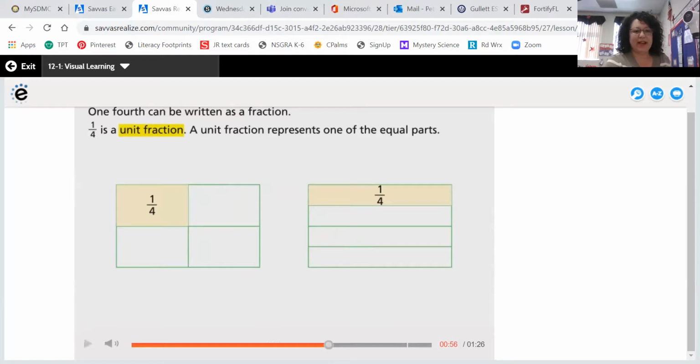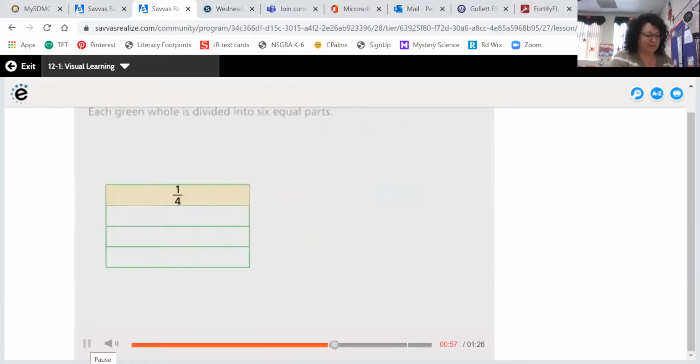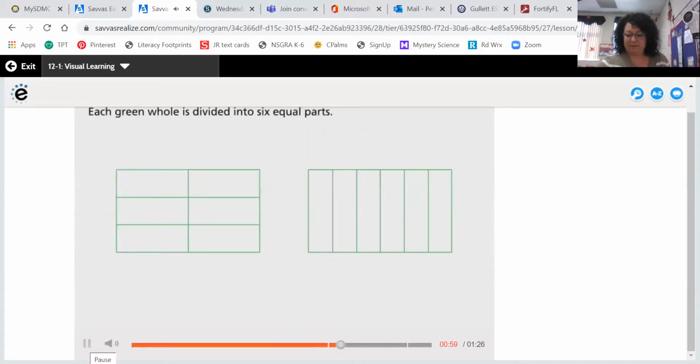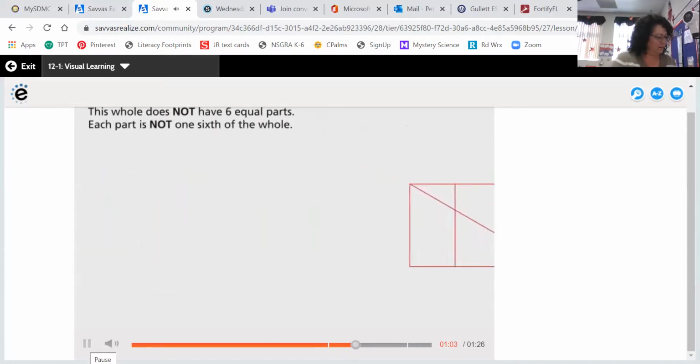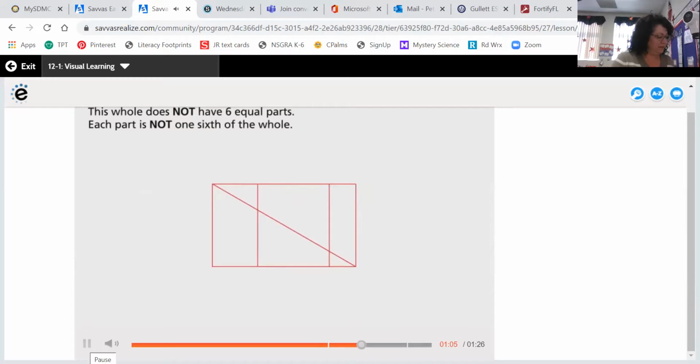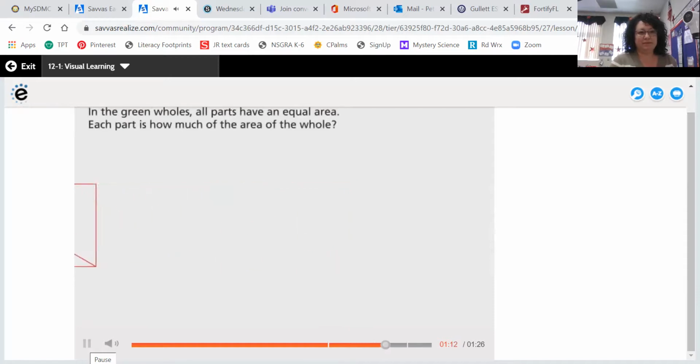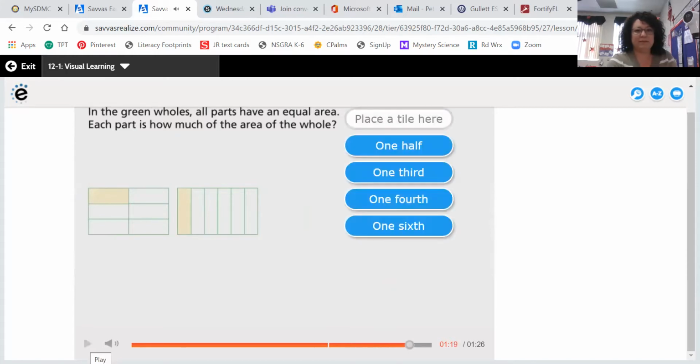See, we just learned that. Each green whole is divided into 6 equal parts. This whole does not have 6 equal parts. Each part is not 1/6 of the whole. In the green wholes, all parts have an equal area. Each part is how much of the area of the whole? Select your answer.